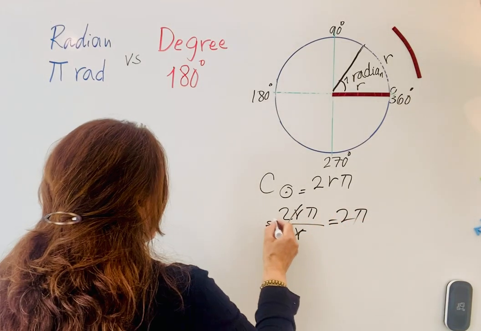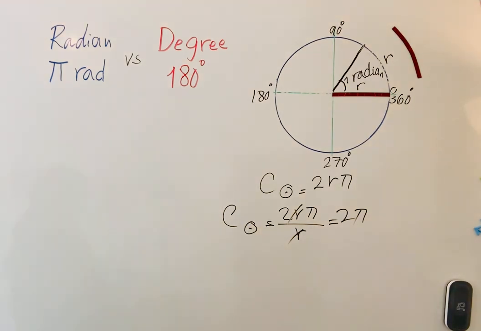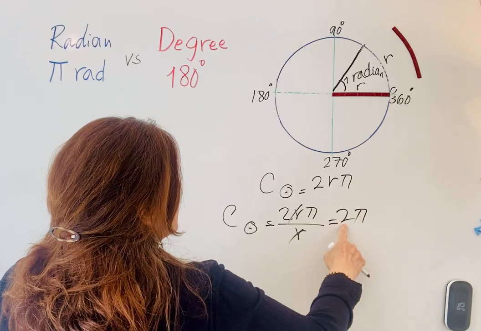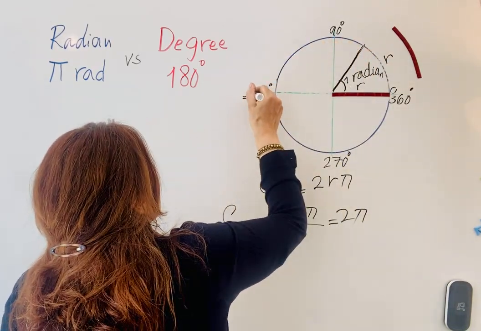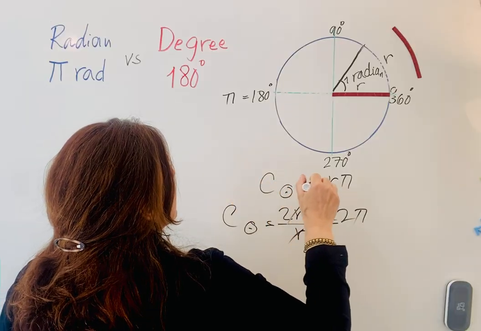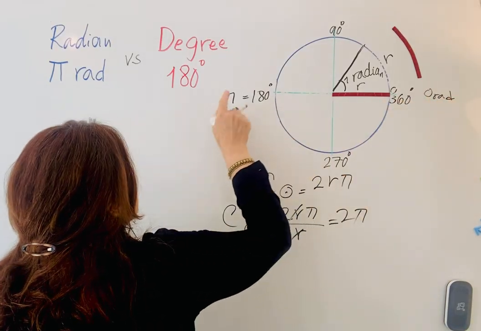It means that the circumference of any circle includes 2 pi. Half of this is pi. This is 0 radian. This is pi radian.